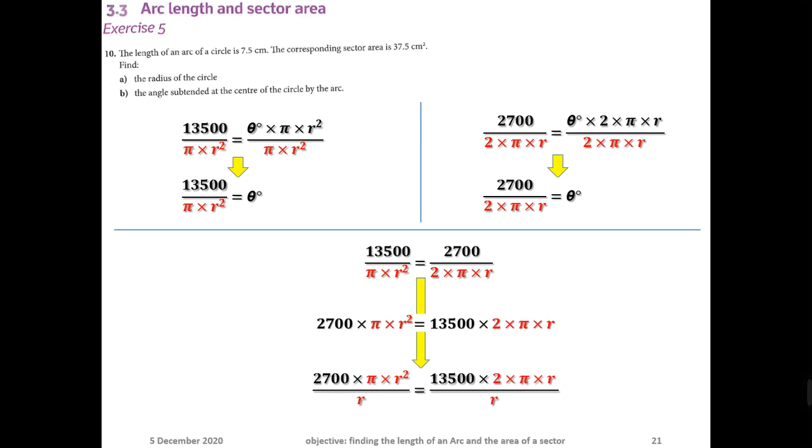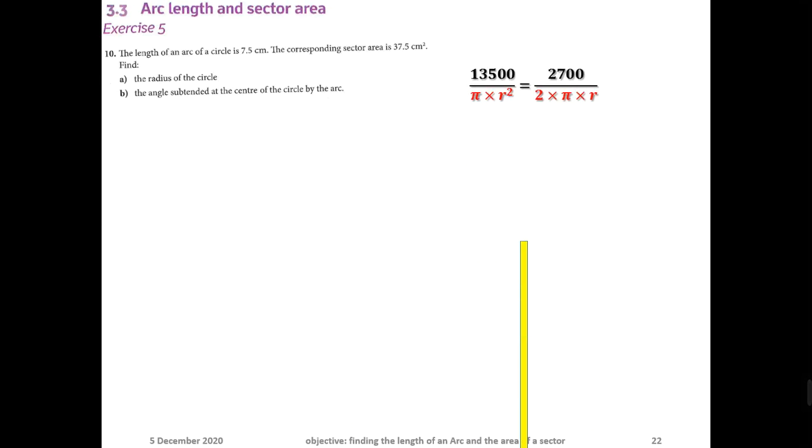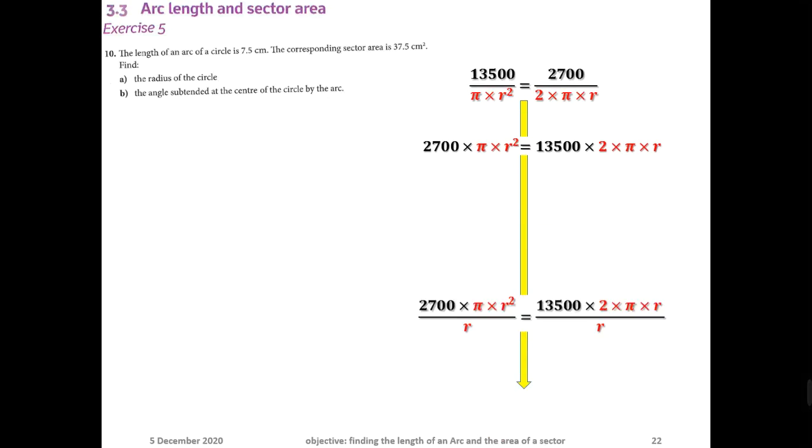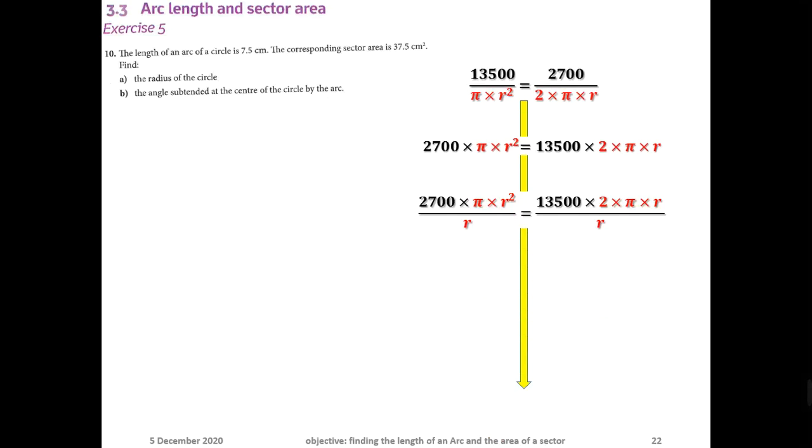We're making r the subject, remember, so we're going to divide all by r. If we divide all by r, the r on the left side is going to be cancelled, and we're going to have one r on the right side. So it's going to be 2,700 times pi times r is equal to 13,500 times 2 times pi.